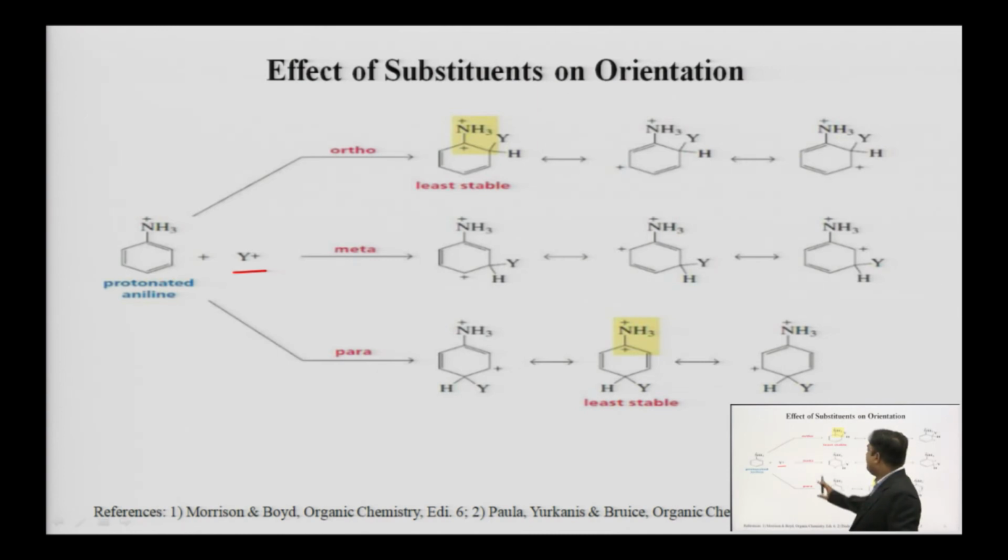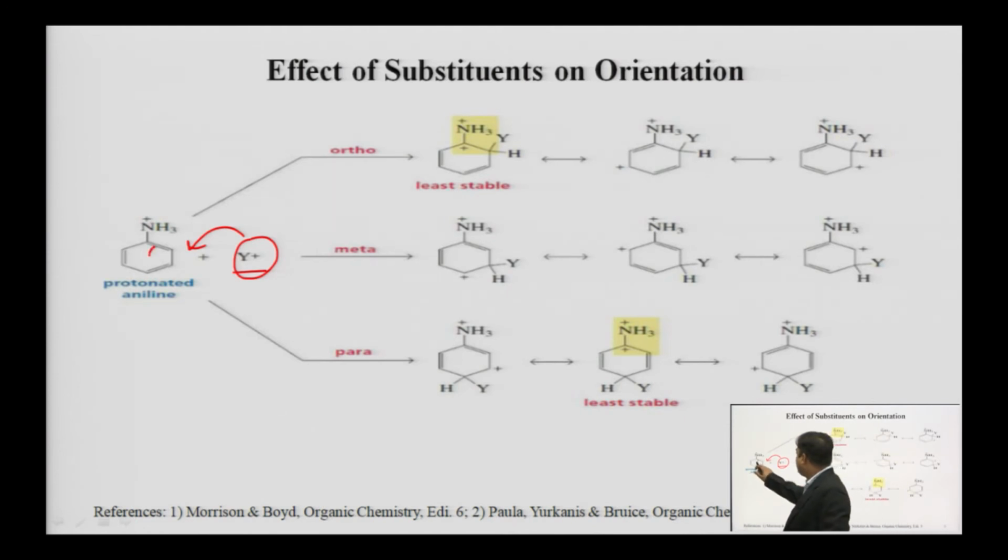Okay. So, first of all we go for the ortho attack. This Y plus will attack the ortho position. The electrons will come from the ortho position. As the electrons come from that ortho carbon, Y plus gets attracted toward that carbon and attacks that position.